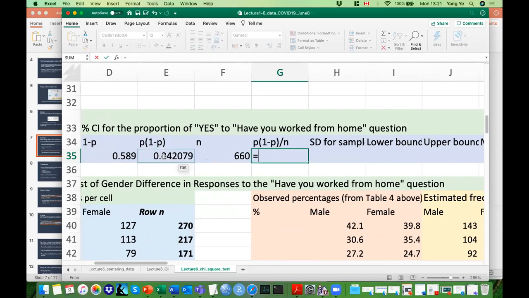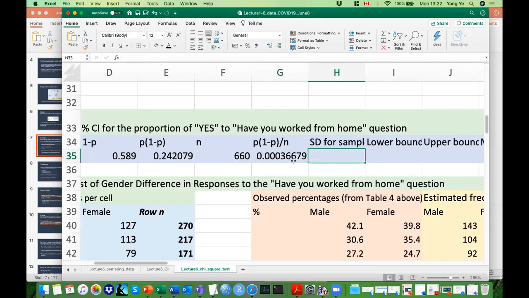In this case, p times 1 minus p, divided by N is our data here. You can see that once you click to select the data, it uses color to indicate which data cells it is referring to. So that's for p times 1 minus p divided by N.